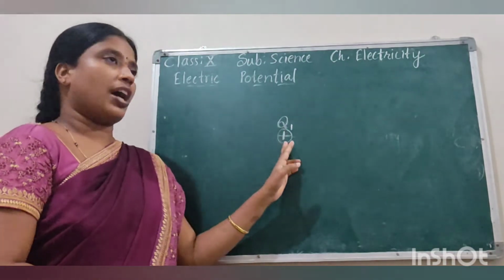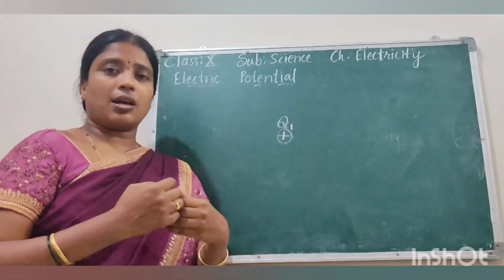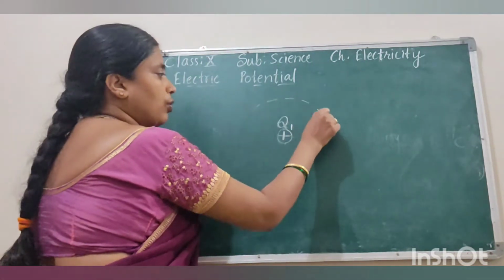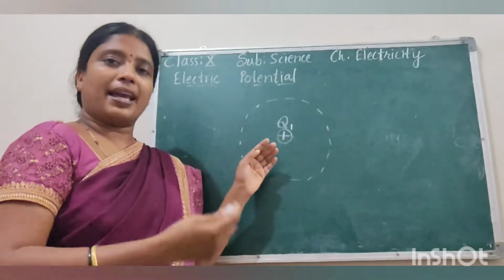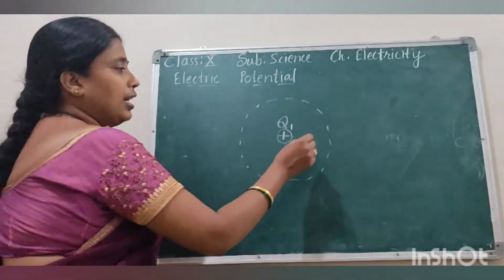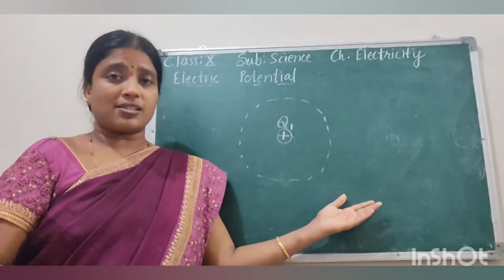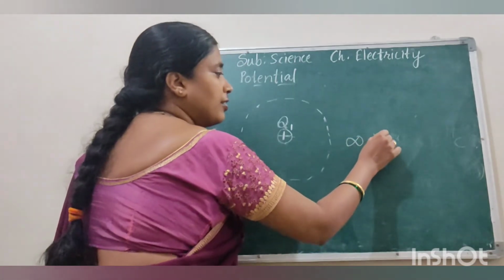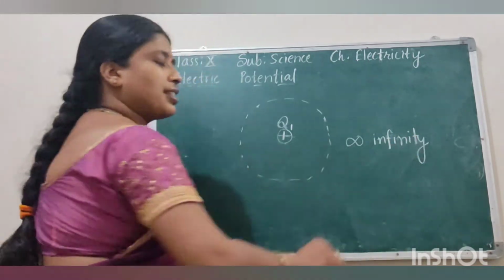Now as you know, this charge will have some area of influence, the area around this charge where its influence can be experienced, which is represented by a dotted line. Outside this area, where its influence cannot be experienced, let us call this region infinity.